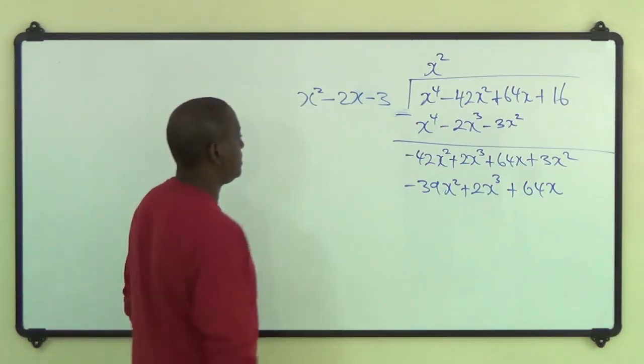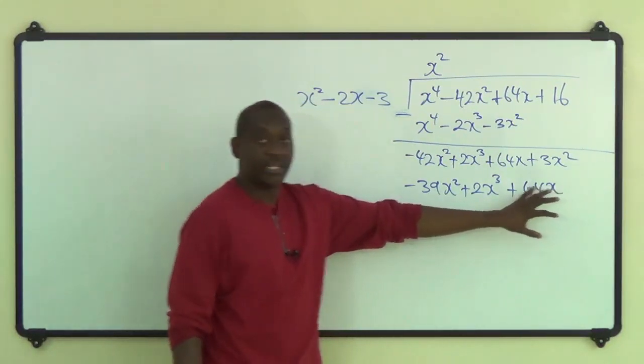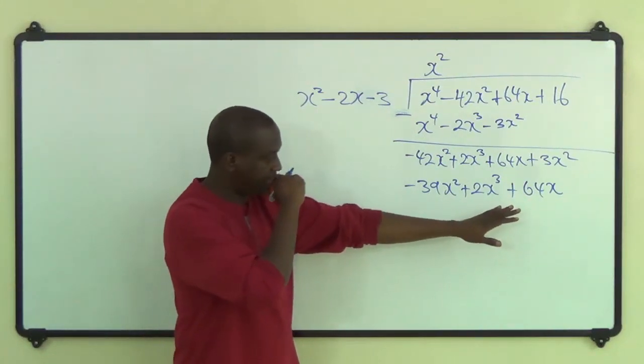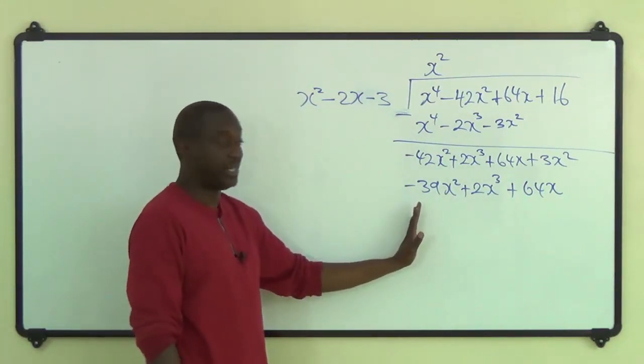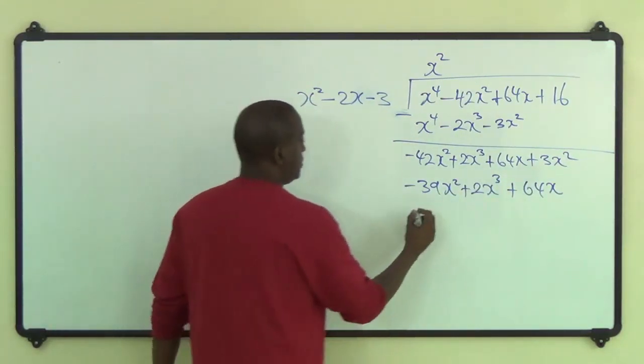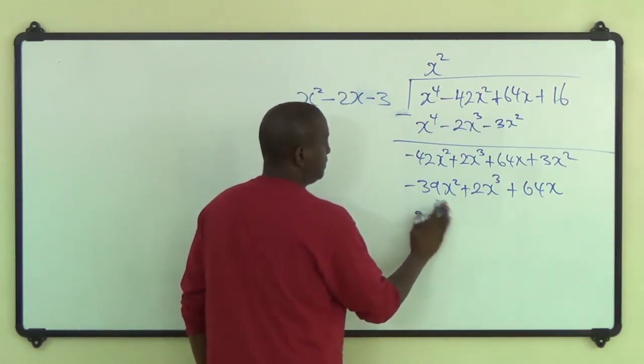And then, of course, remember that we have to rearrange this expression here to get the highest power to start with, and we're going down the road. So we have 2x cubed. So this here is a cubic polynomial now.